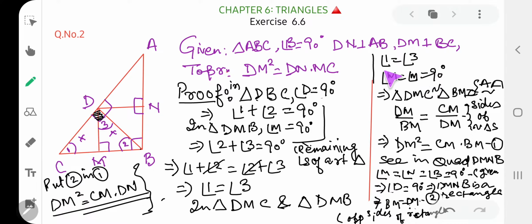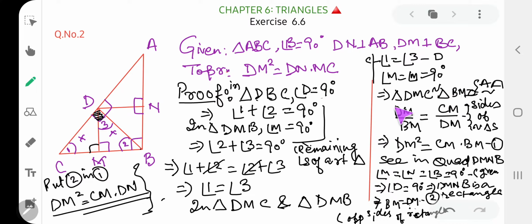Angle 1 is at C and angle 3 is at D. So angle C is equal to angle D, and angle M of both the triangles is 90 degree.